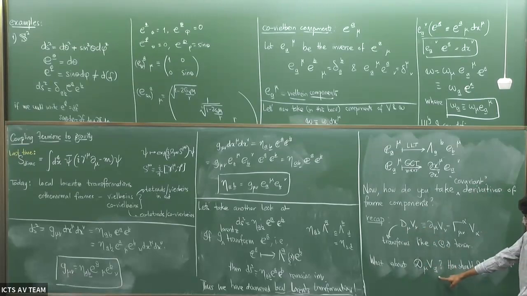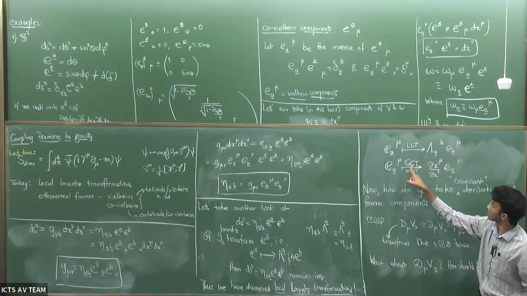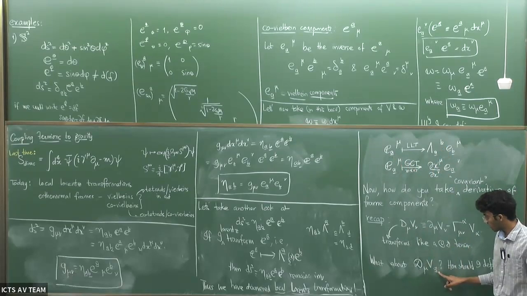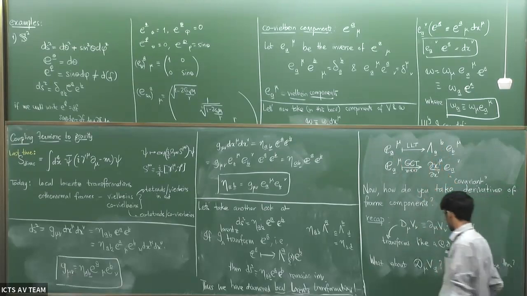So here, notice that I have two different kinds of indices, but I know how each of these transform. This index transforms under a local transformation like this. This index transforms under a GCT like this. So I want to demand on this covariant derivative the property that this whole thing transforms like this as well as that.